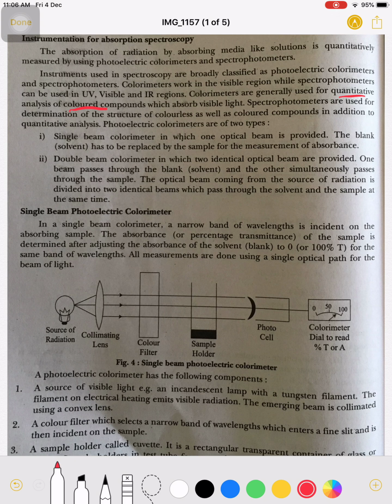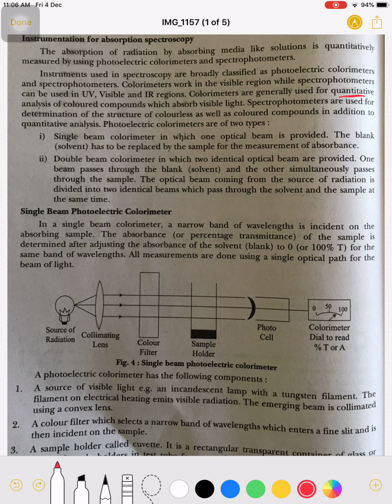Spectrophotometers are used for determination of structure of colorless as well as colored compounds, in addition to quantitative analysis. So spectrophotometry is used for the analysis of colored and colorless solutions, but the colorimeter is used only for the determination of concentration of colored solutions by use of visible radiation.